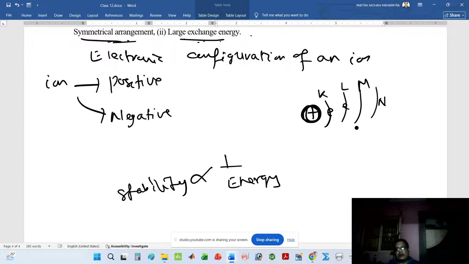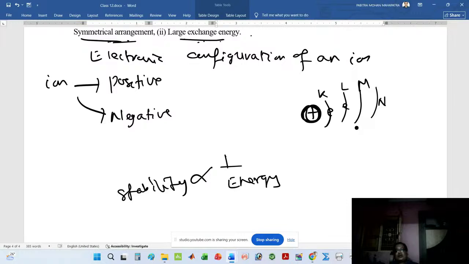So the electrons nearer to the nucleus are always more stable and have less energy. The shells which are away from the nucleus are less stable but have more energy.